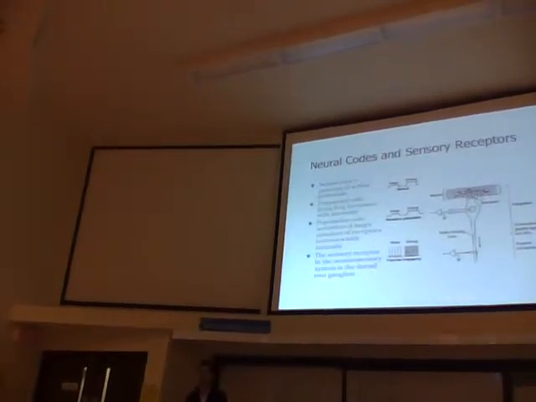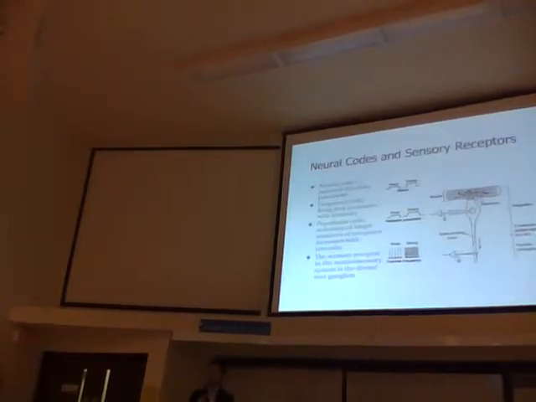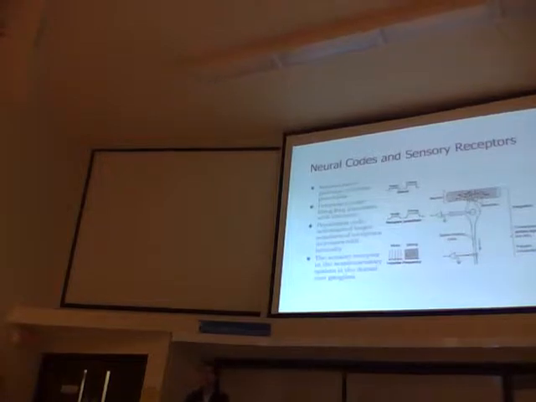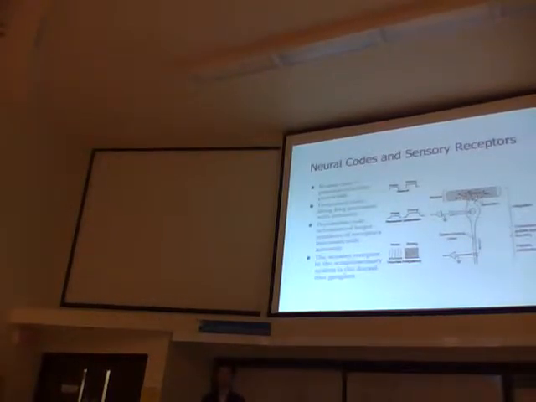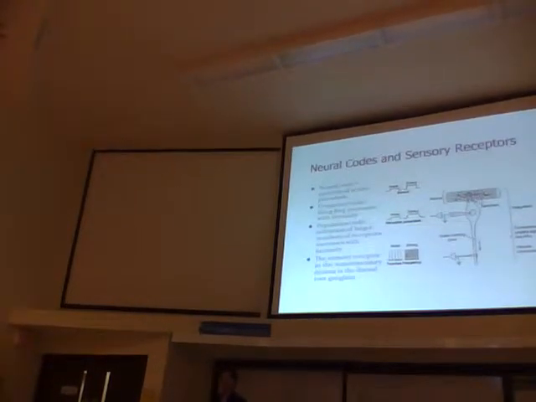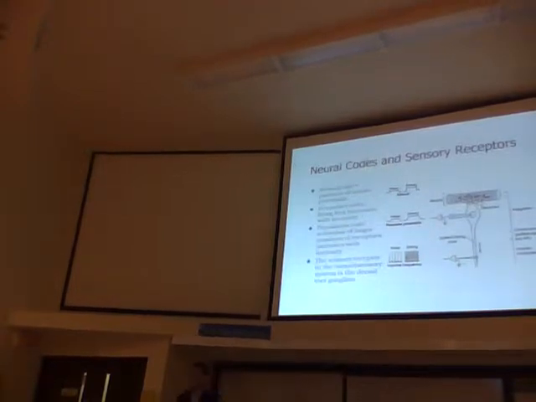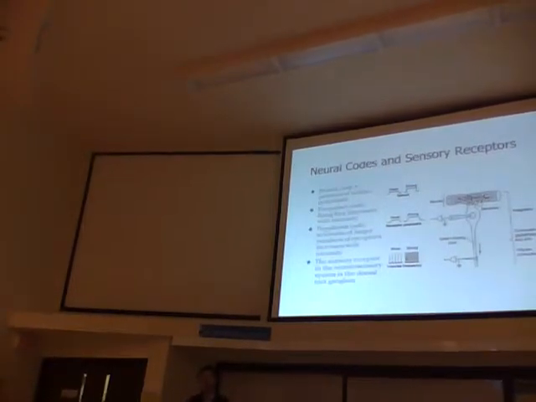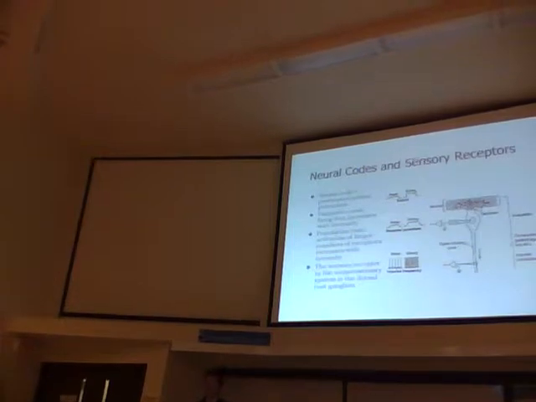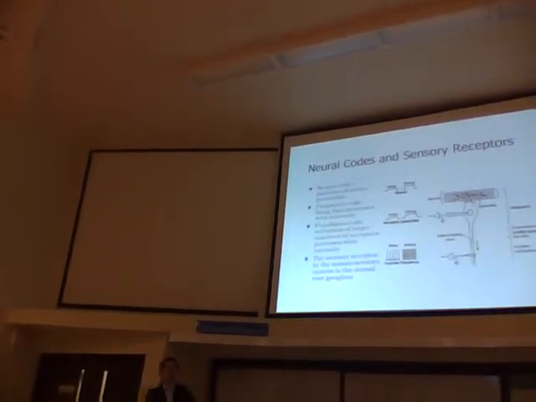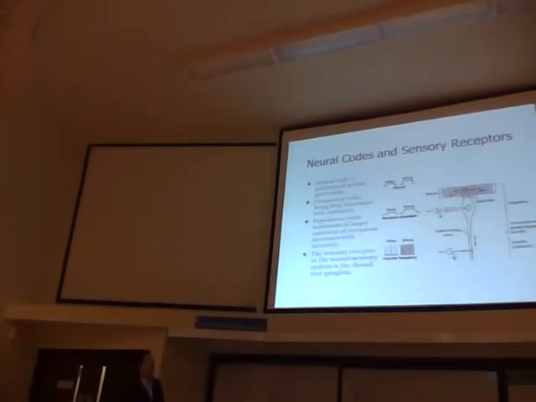What it can use instead is a frequency code or a population code. A frequency code simply means that the stronger a sensory stimulus is, the higher the frequency of firing of action potentials. So here you have a receptor innervating a muscle fiber.